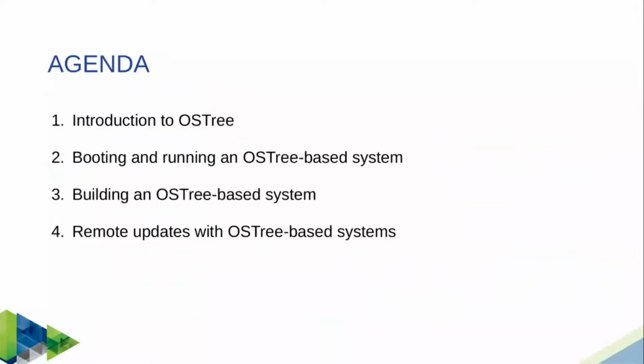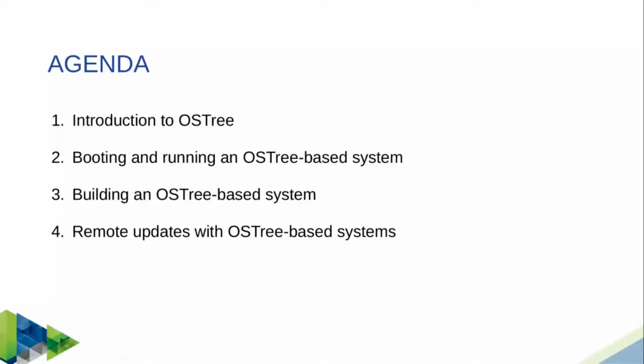Let's start the talk. We're gonna basically cover 4 topics. First, what is OSTree? Then we're gonna discuss how we can boot OSTree on an embedded Linux device. How does it work? Because as we're gonna see, OSTree is basically a content addressable management system, so it's kind of like Git.